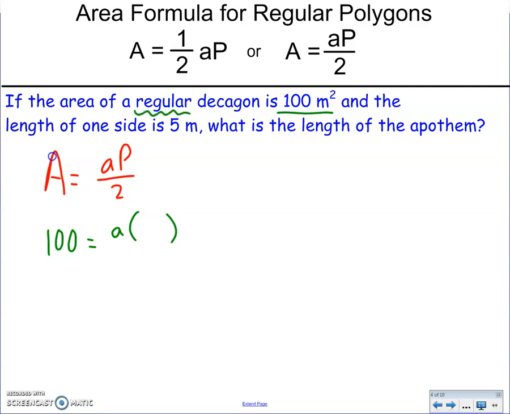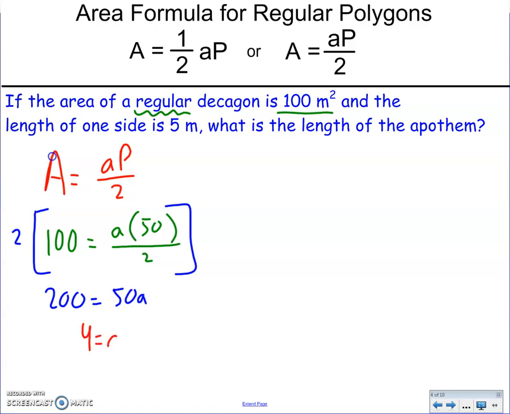That means all the sides are 5. So there's 10 sides, and all of them are 5. 10 times 5 is 50. The perimeter is 50 over 2. I can get rid of the fraction by multiplying both sides by 2 to get 200 equals a times 50, which is 50a. Divide both sides by 50, you get 4 equals a. So my apothem is 4 meters.